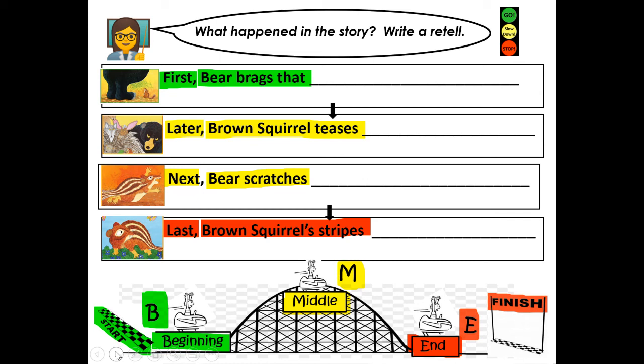So push pause, say and write your red sentence, and then when you're finished, push play to rejoin the lesson.